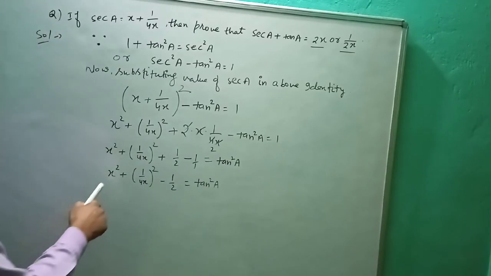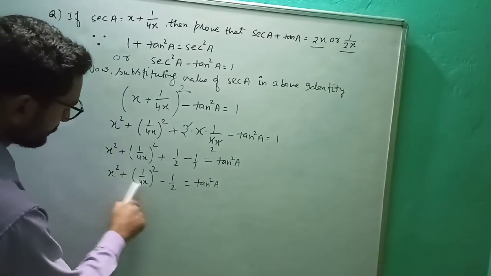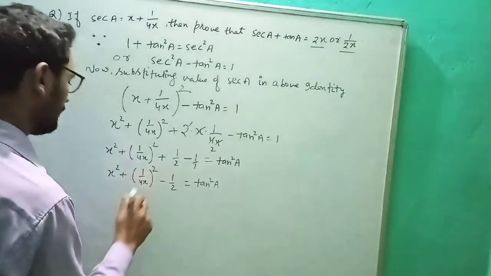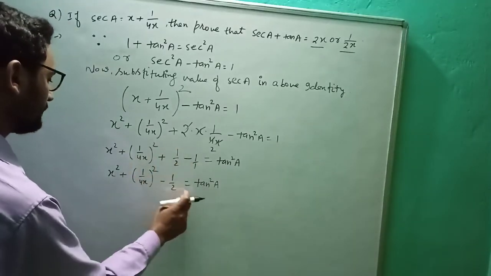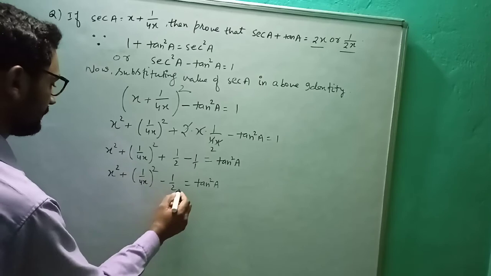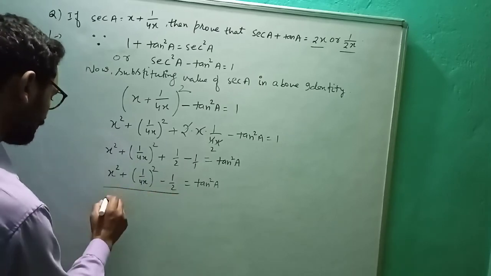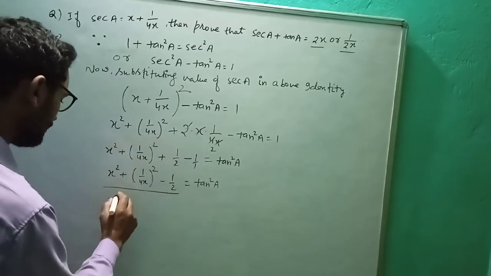Now you can see this is a square plus b square minus 2ab. You can think of this as a complete square.